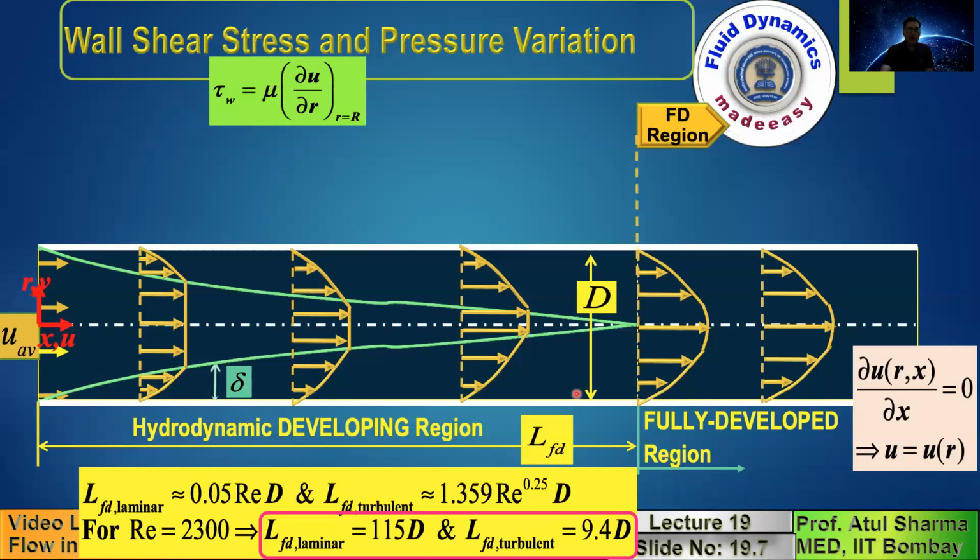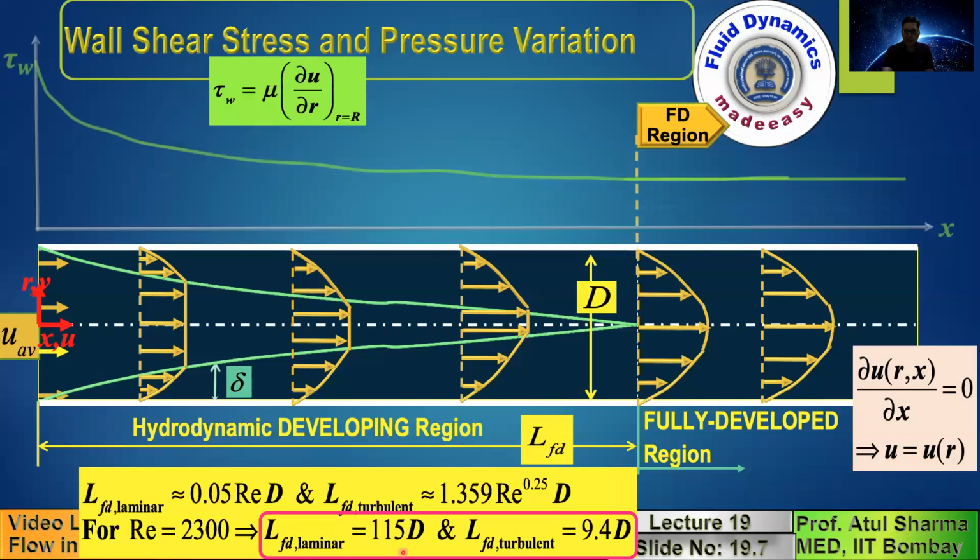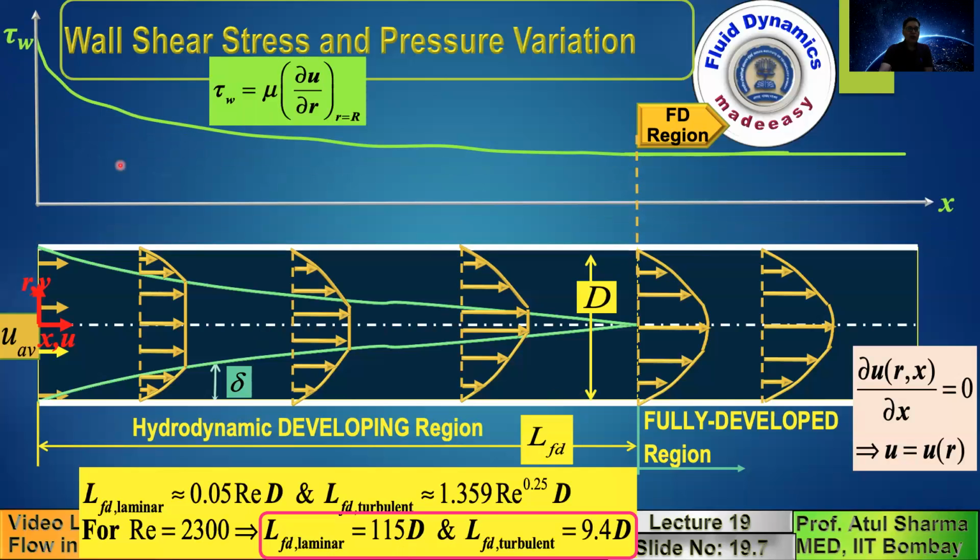This is what I was emphasizing: for a laminar flow, the development length is much larger compared to the turbulent flow. If you plot the variation of the wall shear stress along the axial direction, there is an asymptotic decrease, and then it reaches a constant value.